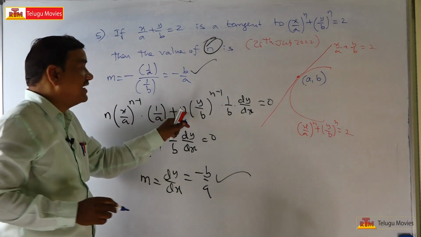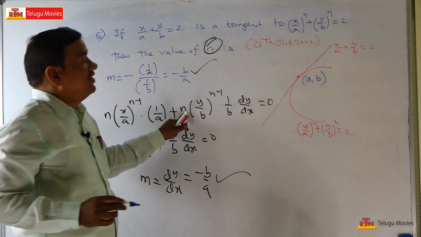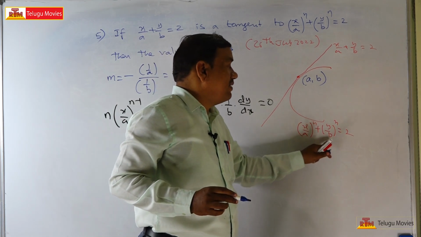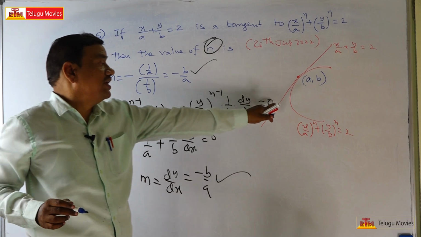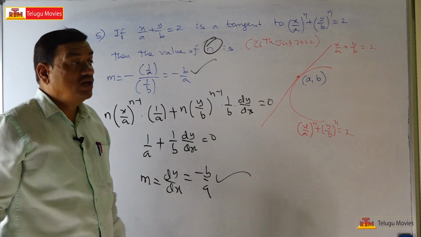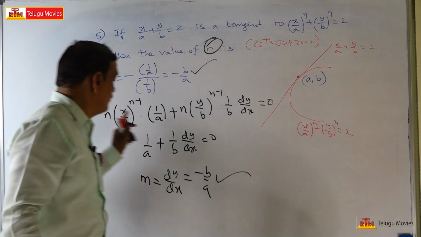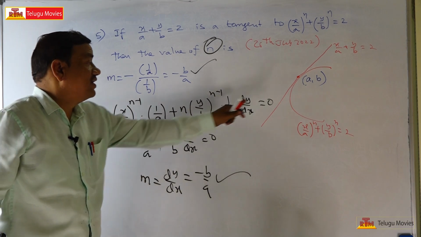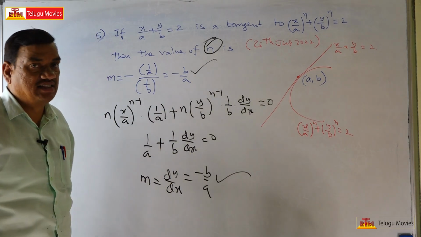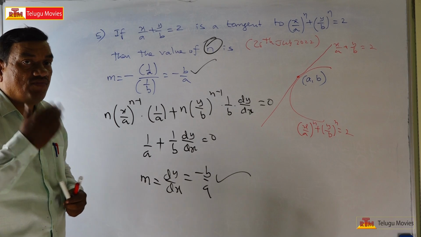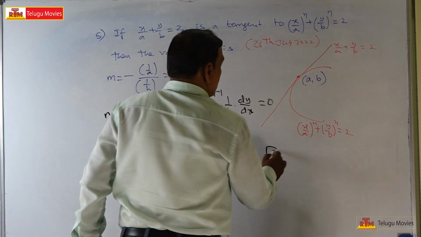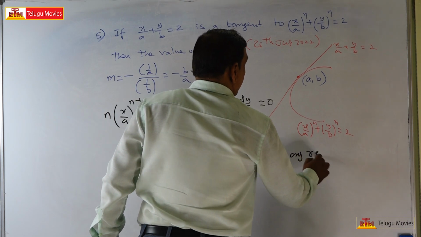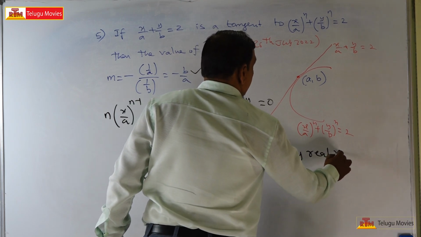Here n gets cancelled. If it is (x/a) cubed and (y/b) cubed, 3 will come here and 3 will come here, and anyhow 0 is there, so it gets cancelled. If it is the power 4, 4 will come here and here, with 0 on the other side, so 4 gets cancelled. From this, what can you analyze?